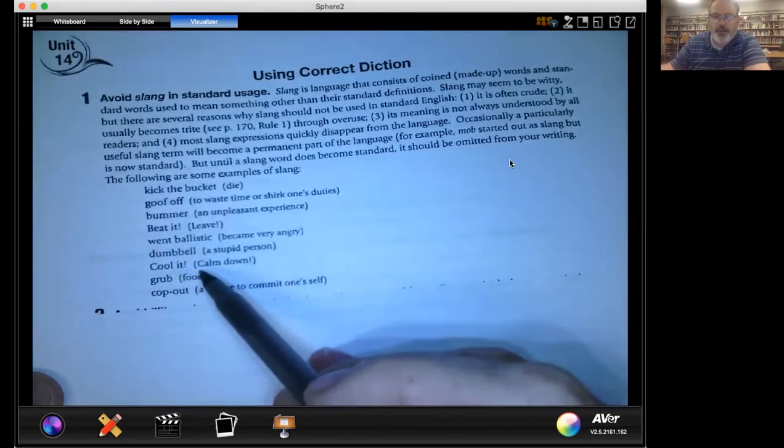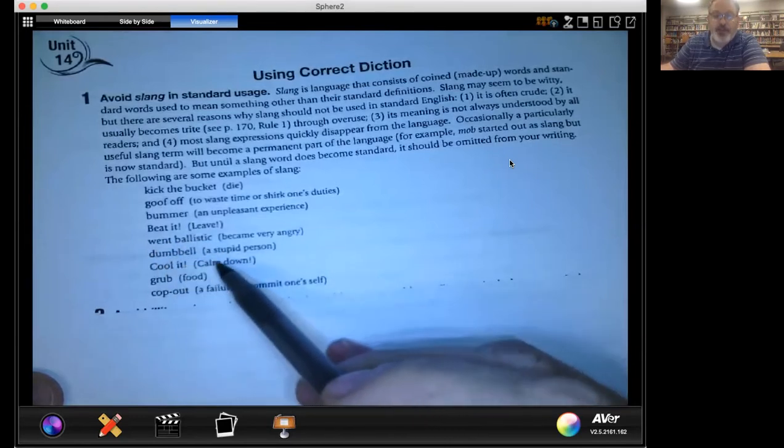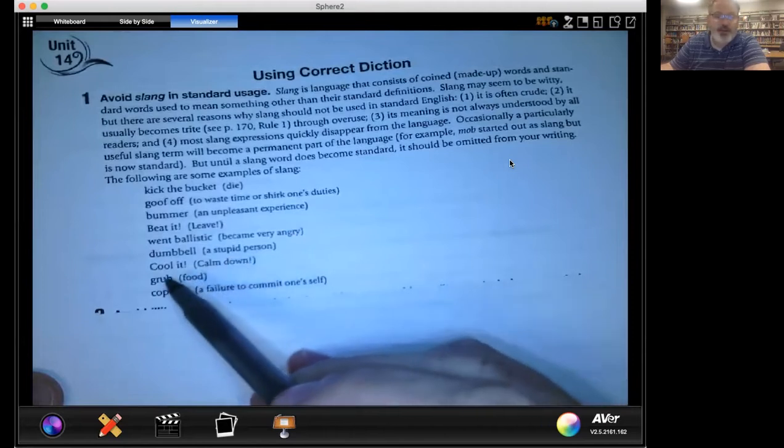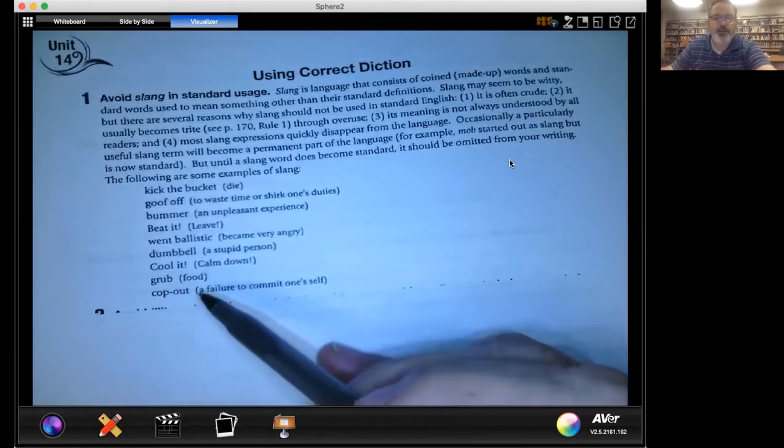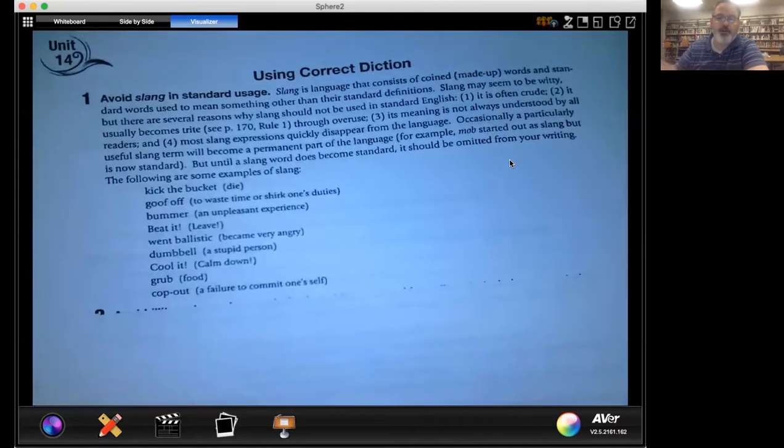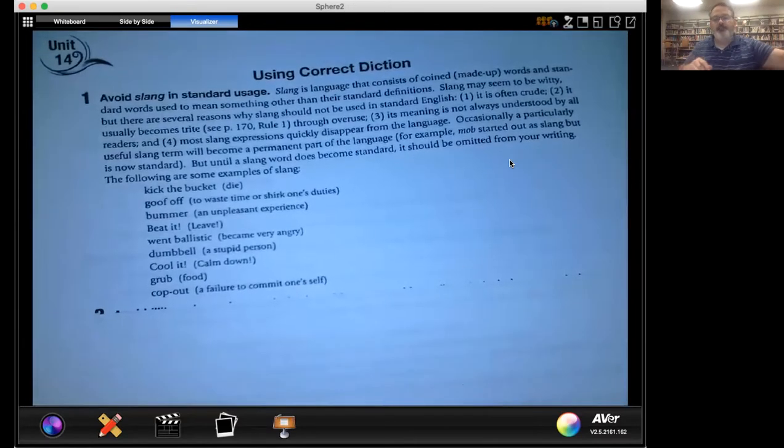Went ballistic, became angry. Dumbbell, a stupid person. Cool it, meaning calm down. Grub, meaning food, and cop out, a failure to commit oneself. That's kind of a cryptic way of saying it, but cop out means you're providing an excuse not to do something or not to take responsibility for something.